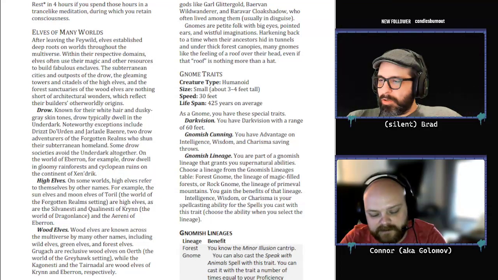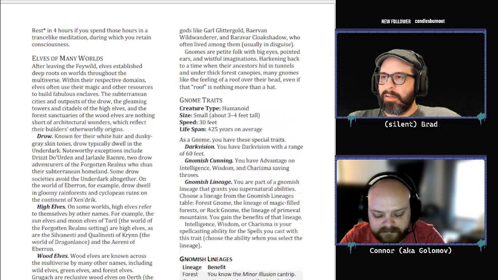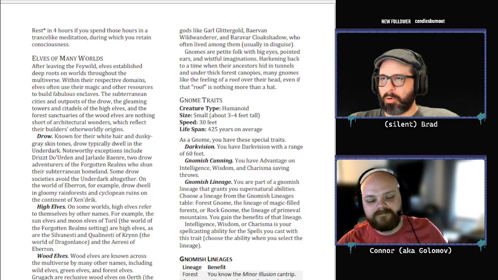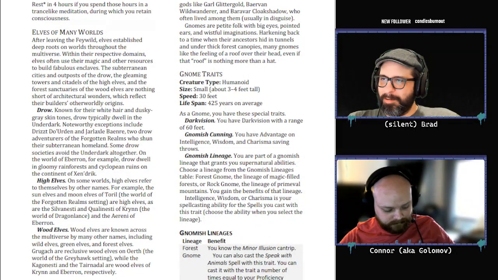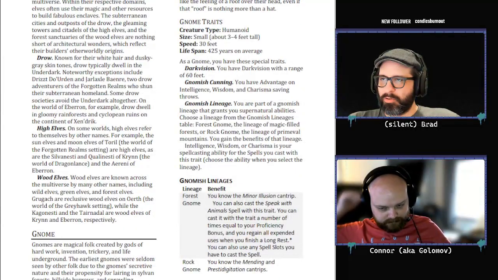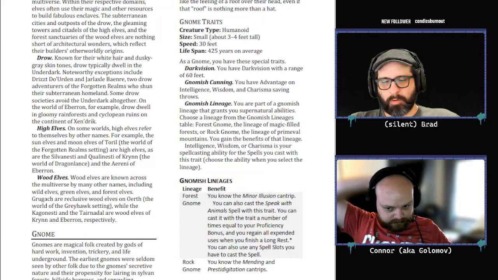Gnomes, magical folk created by gods of hard work, invention, trickery, and life underground. Gods like Garl Glittergold, Baervan Wildwanderer, and Baravar Cloakshadow. So gnome traits: humanoid, small, 3 to 4 feet tall.